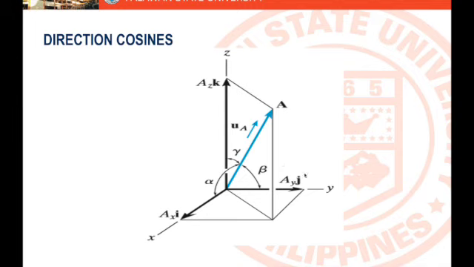So what is the definition of these three angles? Okay, so the definition is these angles are the angles between our original vector and the respective axis. So for example here, this is your x-axis and this is your vector. So the angle alpha is the angle between our vector and our x component.